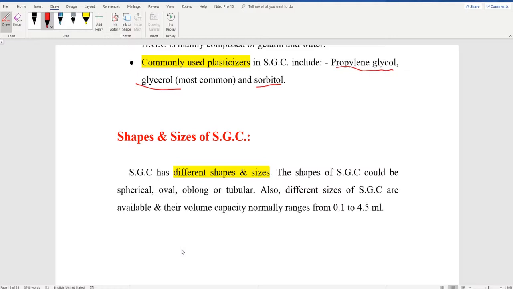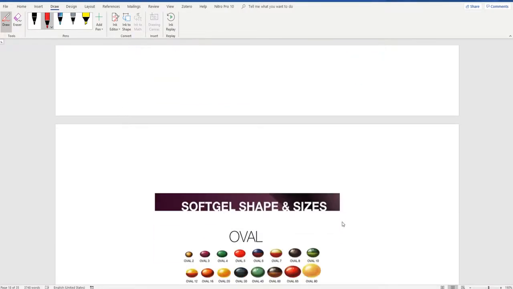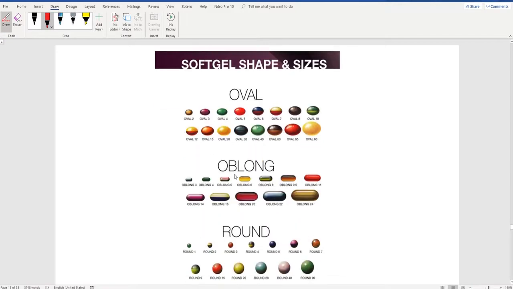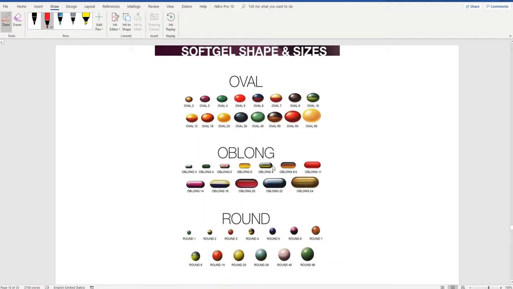The common shapes are the spherical, the oval, the oblong, and the tubular. Other shapes also exist. And the volume it usually accommodates is between 0.1 ml and 4.5 ml. Now look at this figure. Here you have the oval shape. Here you have the oblong shape.